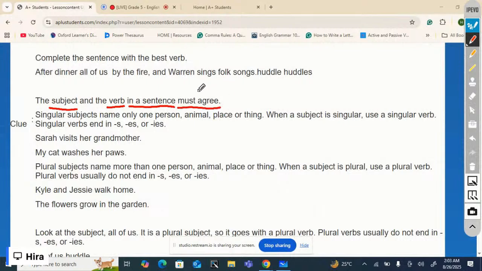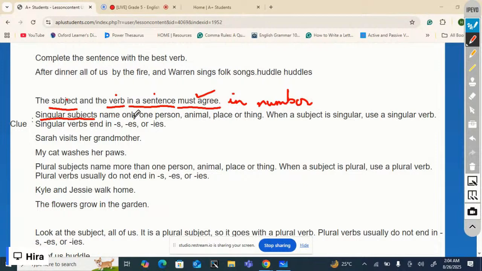What does it mean that the subject and the verb in a sentence must agree? Well, first let's learn what are singular subjects and plural subjects, because subject and verb in a sentence must agree in number.